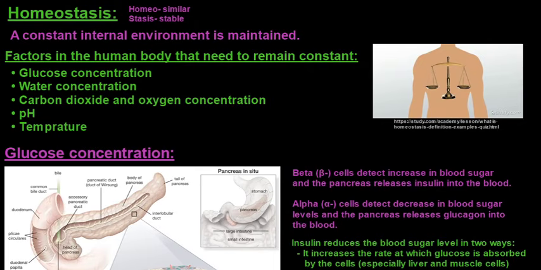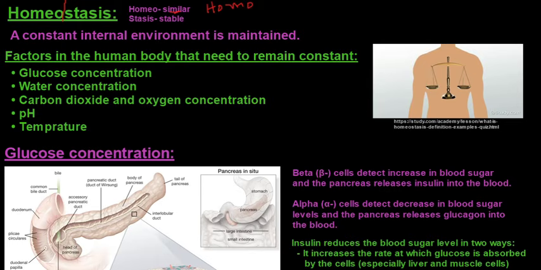So next is the process of homeostasis, and you'll learn about this next year as well in more detail, but for now, as we go through the different topics, we will look at the different areas of our body that practice this. So homeostasis, once again, if we break up this word to make it a bit easier to understand, homeo means similar, coming from the word homo. Then stasis means stable.